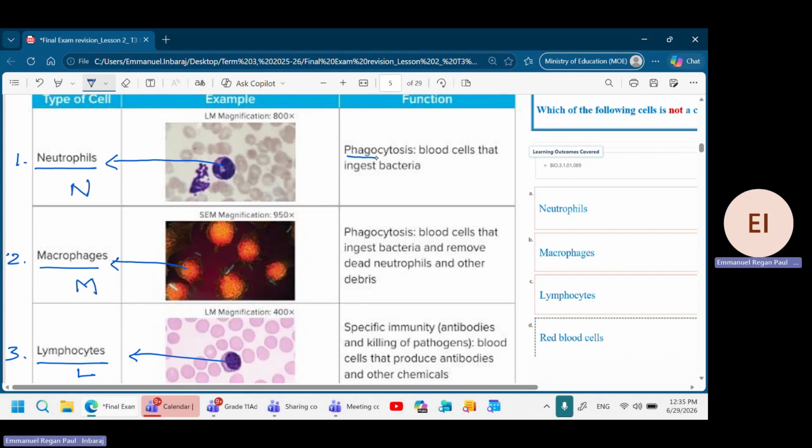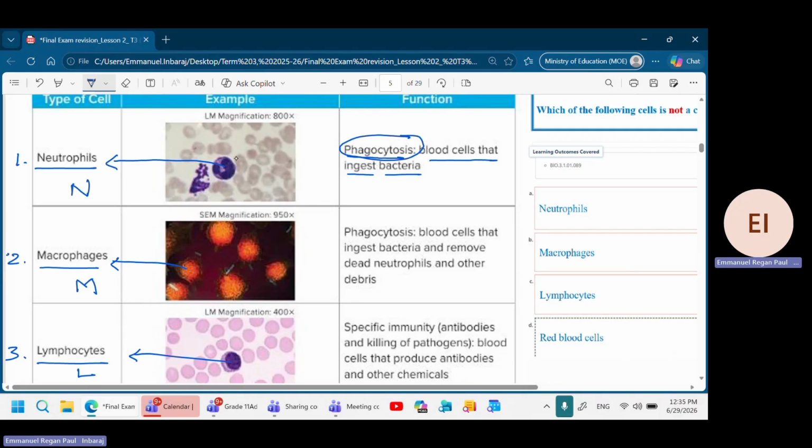It helps in phagocytosis. What is phagocytosis? That means eating the bacteria, ingesting bacteria. So the blood cells that ingest bacteria are the neutrophils. This process is called phagocytosis.